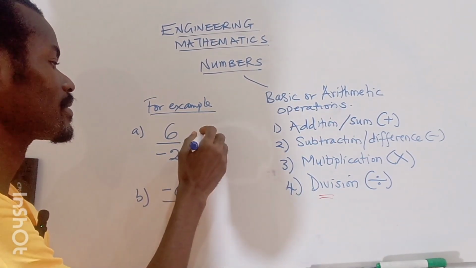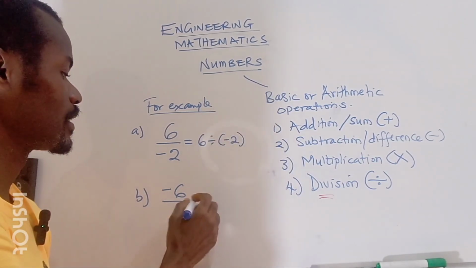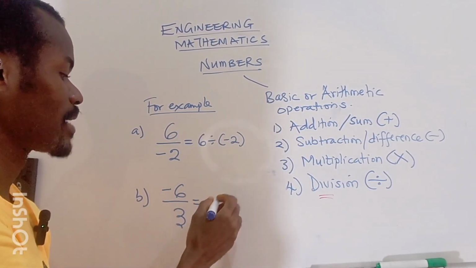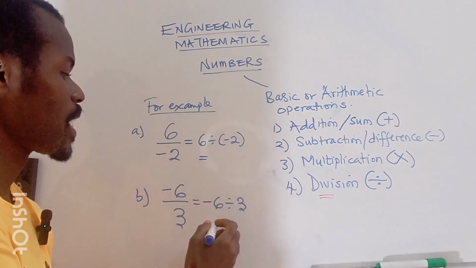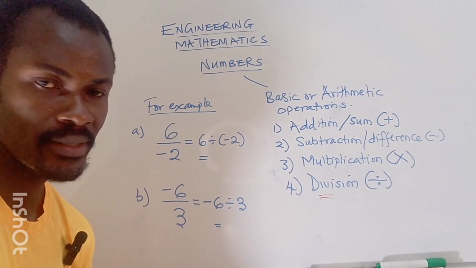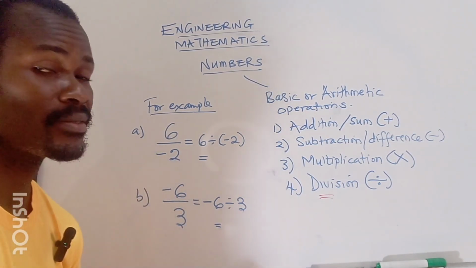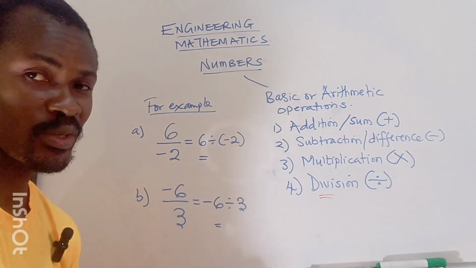This can be written as 6 divided by negative 2, and this can be written as minus 6 divided by 3.